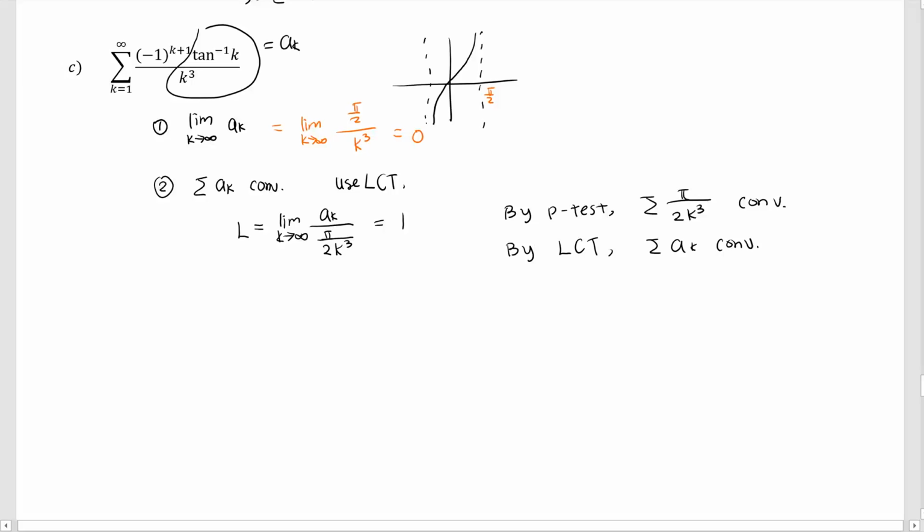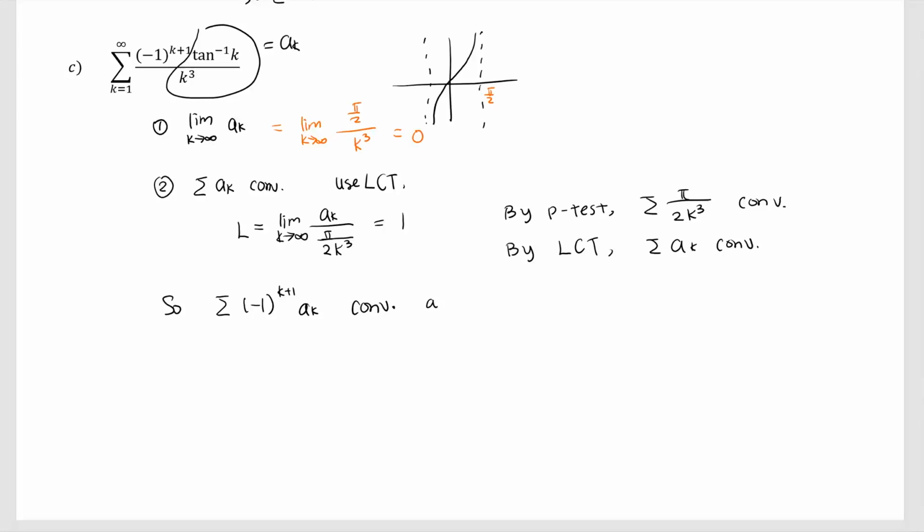So we can stop here, and because the series of a sub k converges, we say the alternating series converges absolutely. Okay, so that is our conclusion. And so this is part C.